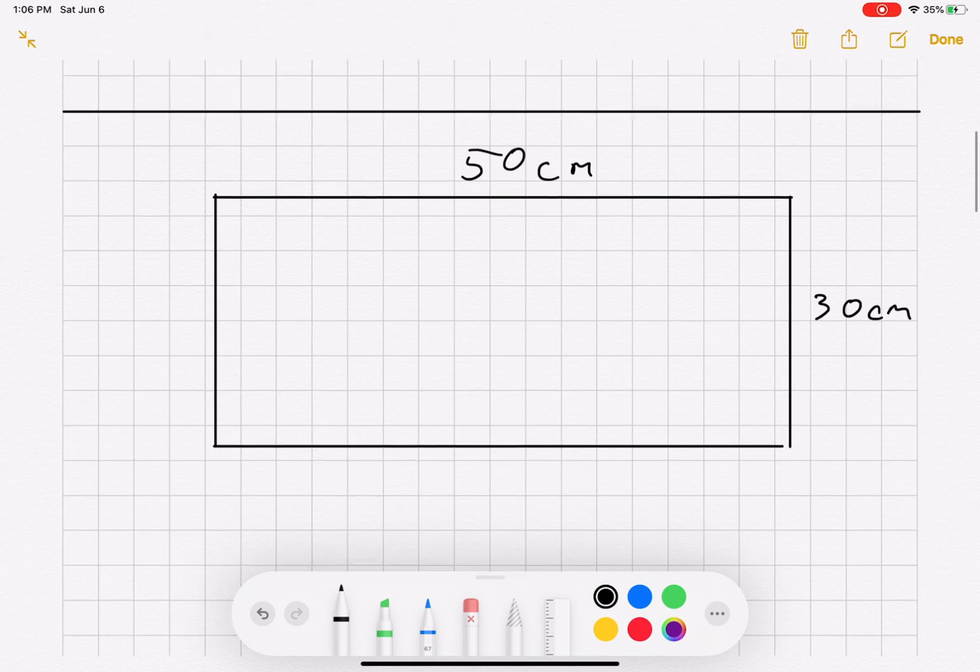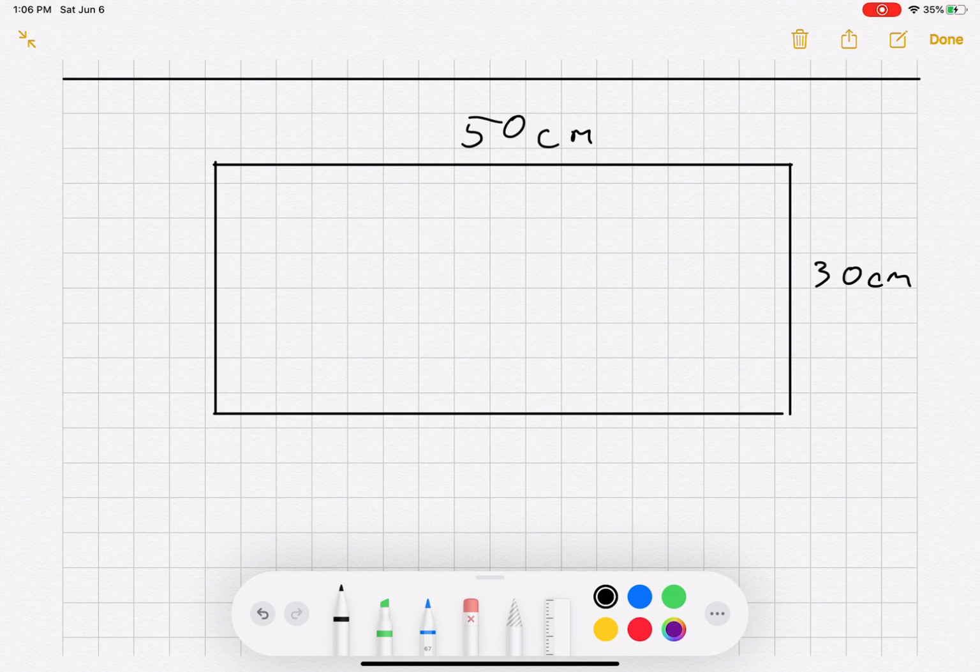Okay, so we're going to look at this a little bit more. If we're looking at this rectangle, I just want you to pause the video and figure out what the length and width of this rectangle would be. Okay, so I'm hoping what you did is you took the length of this rectangle, 50 centimeters, and you multiplied it by the width of this rectangle, which is 30 centimeters, right?